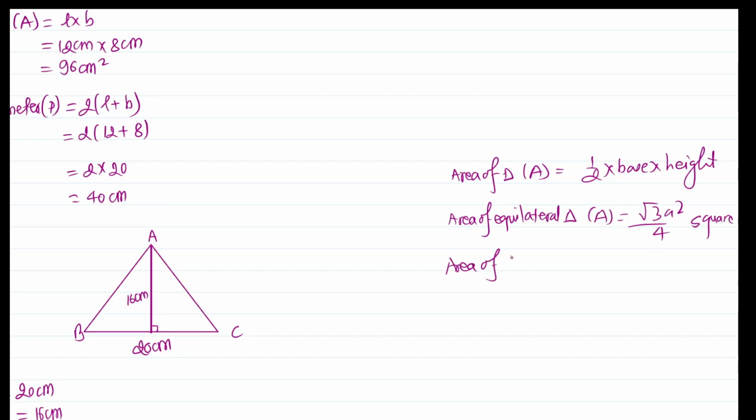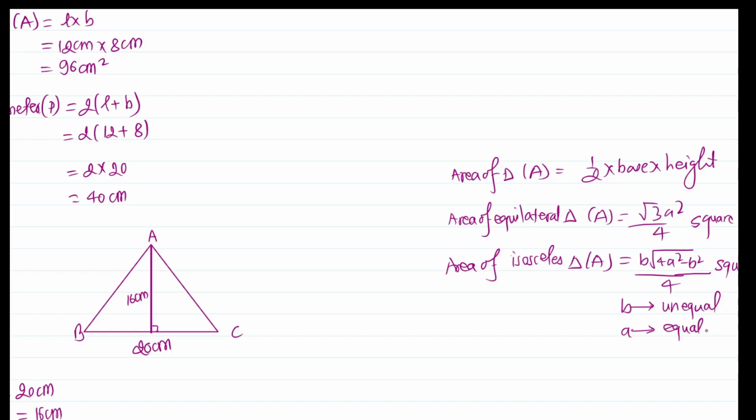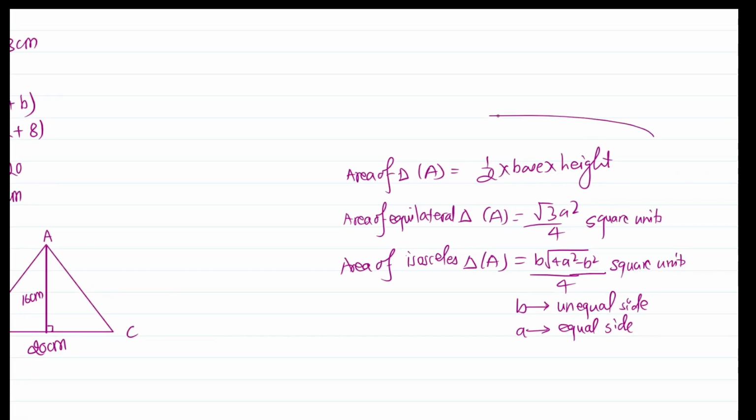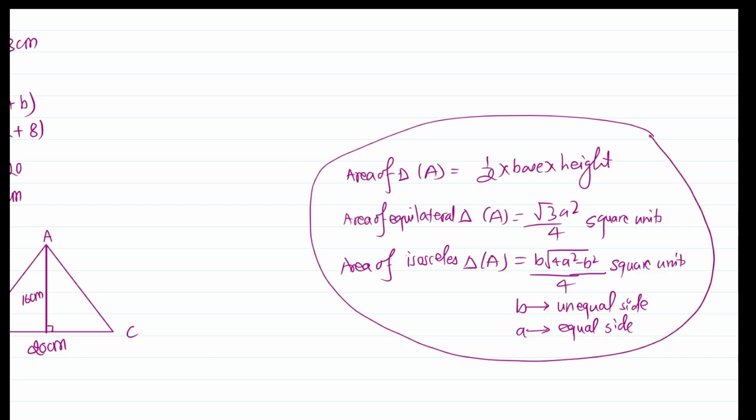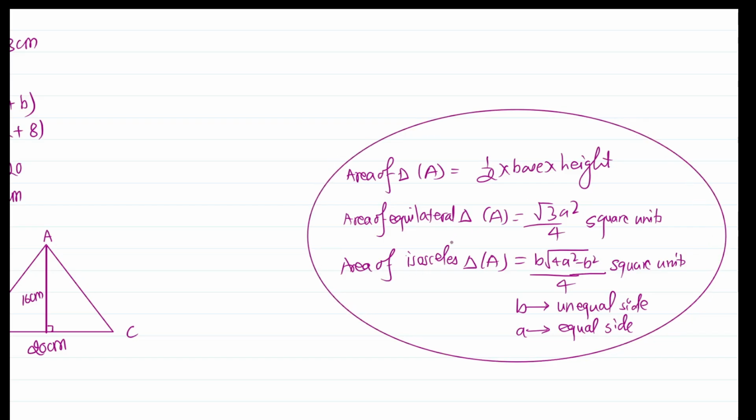And area of isosceles triangle, A will be b times under root 4a square minus b square by 4 square units, where b is the length of the unequal side and a is the equal side. These are the three formulas we have to remember while calculating the area of a given triangle.